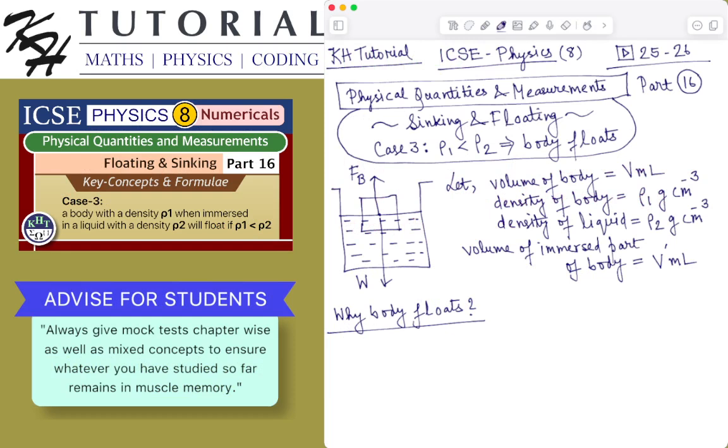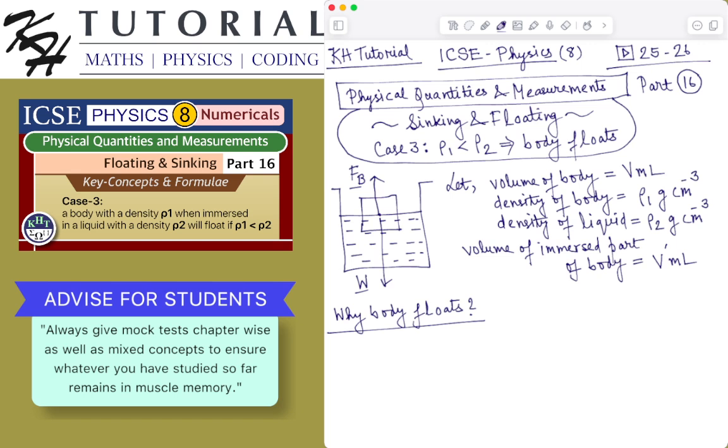We can see that a body is immersed in a liquid, and as per the Archimedes Principle, the weight of the body is acting vertically downwards, and this is the buoyant force which is acting vertically upwards on the body. As of now, you are already familiar that the buoyant force is equal to the weight of the displaced liquid, and the volume of the displaced liquid is equal to the volume of the immersed part of the solid.